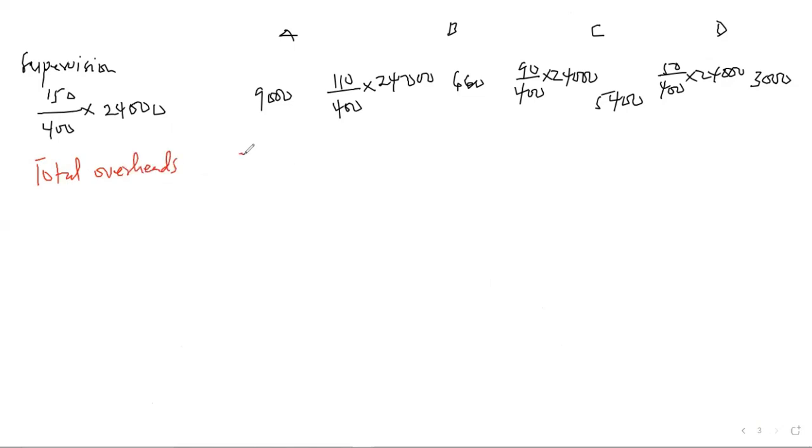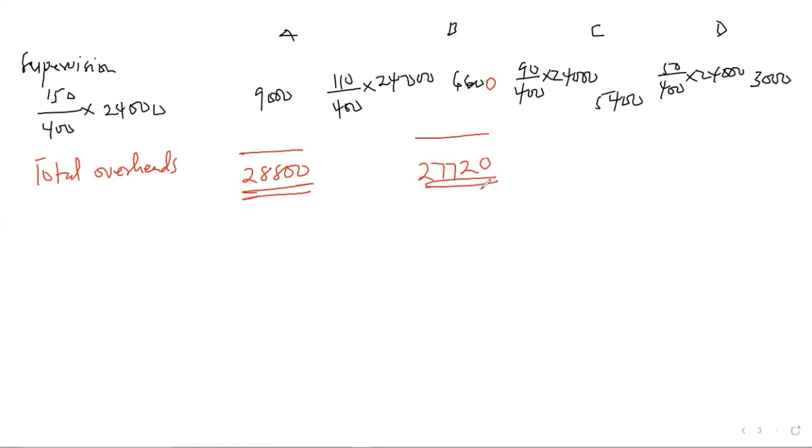So for department A, you have 28,800. Then for department B, we have 27720.